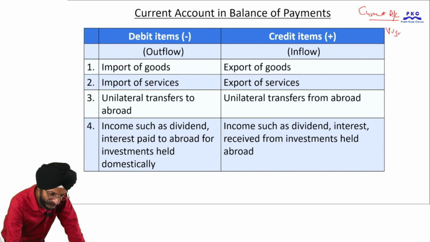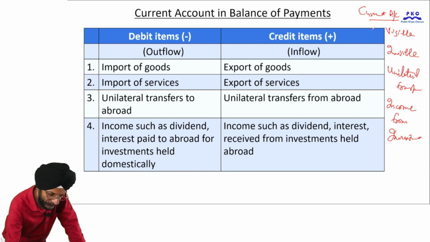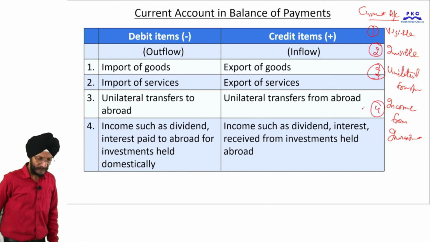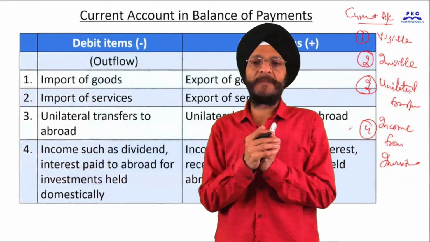First are visible items, then come invisible items, then come unilateral transfers, and the fourth is income from investments. These are the four components of current account. Current account itself is one of the components of balance of payments.